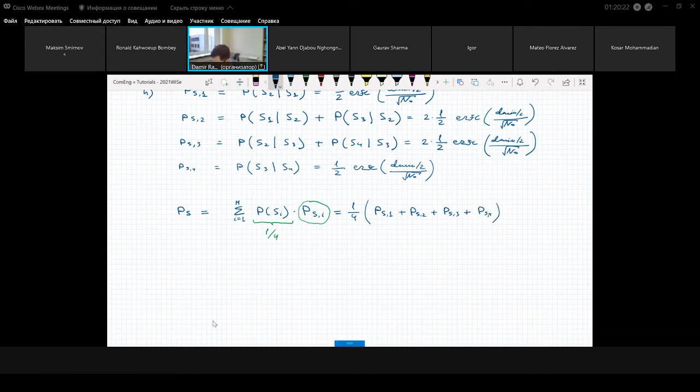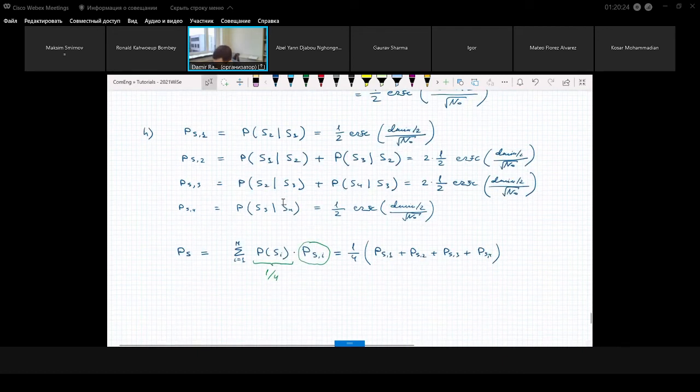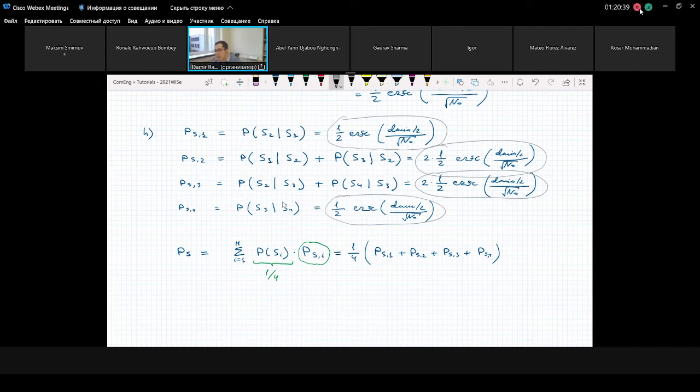And then we just use expressions defined above. But in order to reduce amount of writing, we see that in all 4 expressions we have the same complementary error function, and what's different is just scalar in front of it. And we just put the error function outside parentheses, and we consider only scalars.